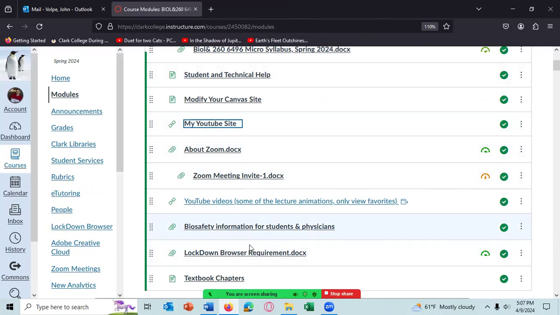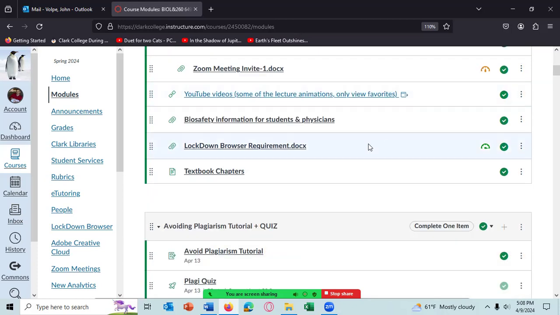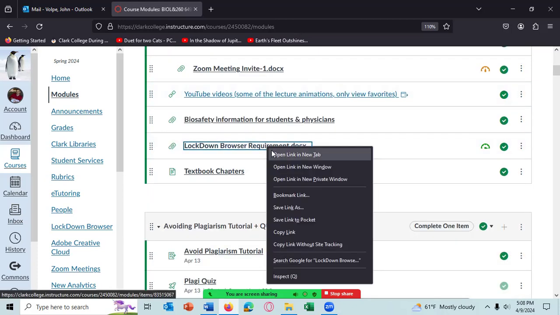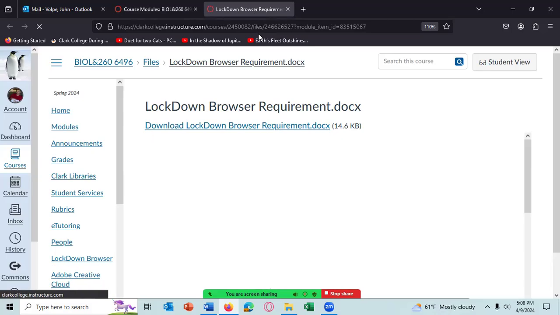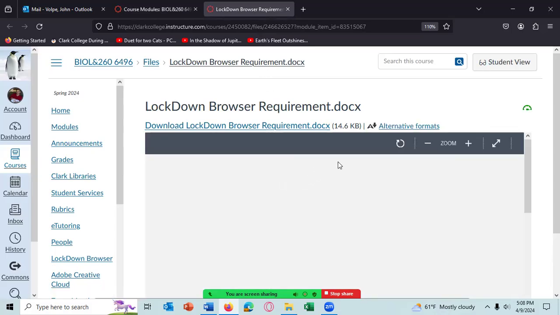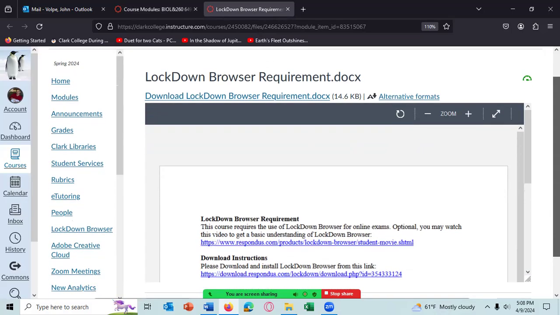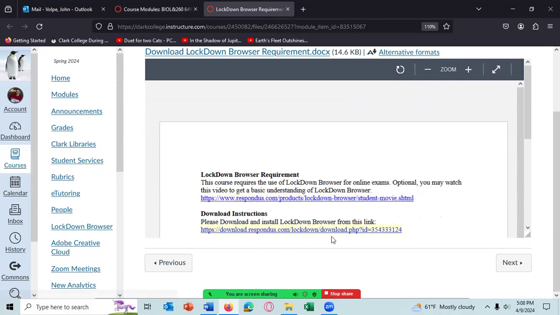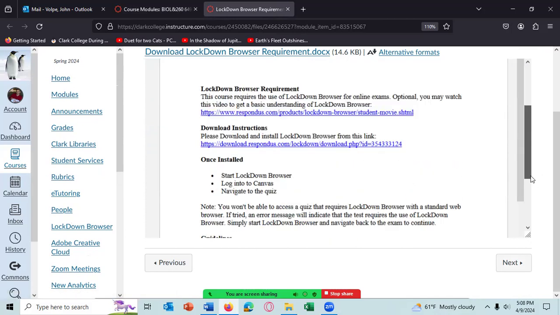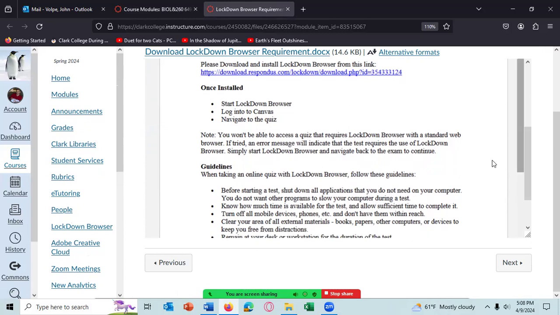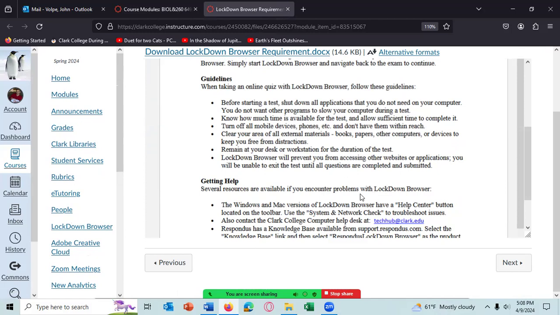There's some other interesting information. I don't want to talk about it, but like I said, if you're having trouble with the lockdown browser, I've got a link here about lockdown browser: what's required, download instructions, once installed guidelines, and then getting help.